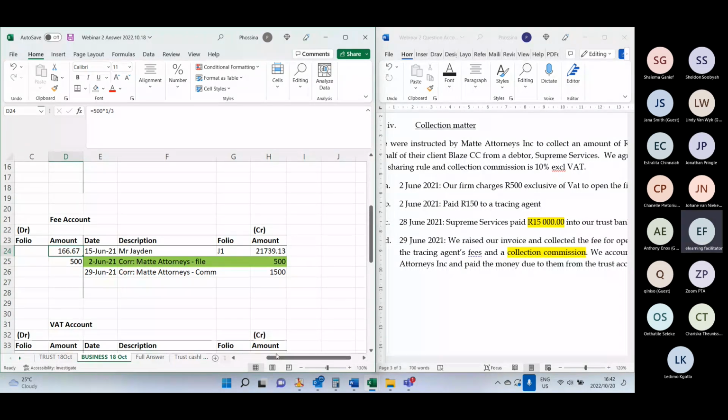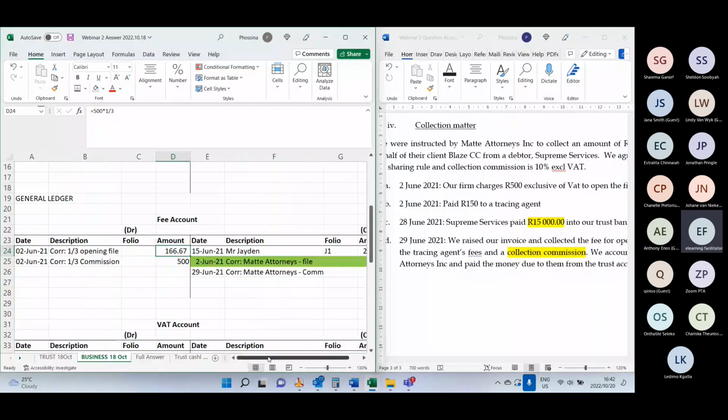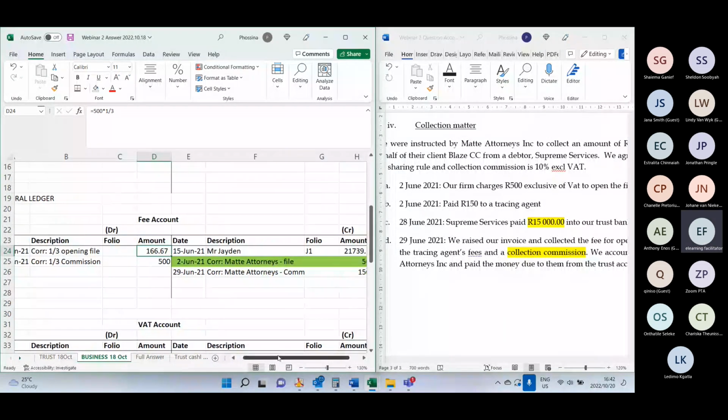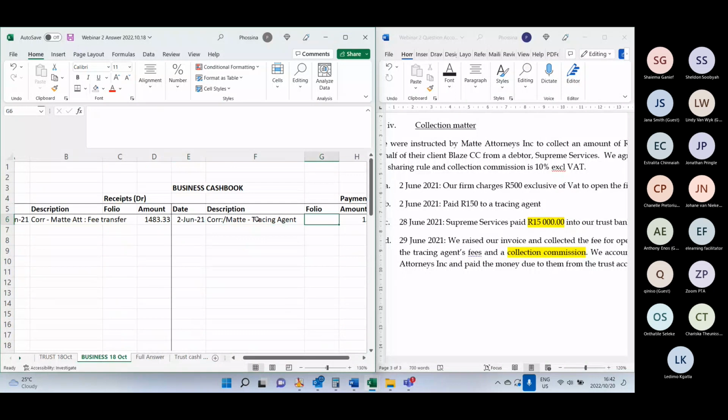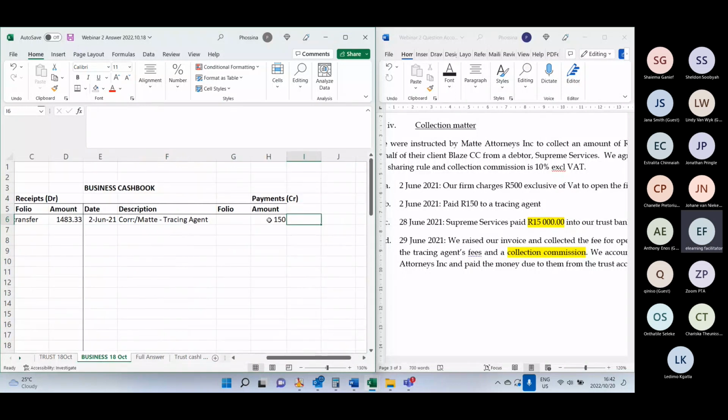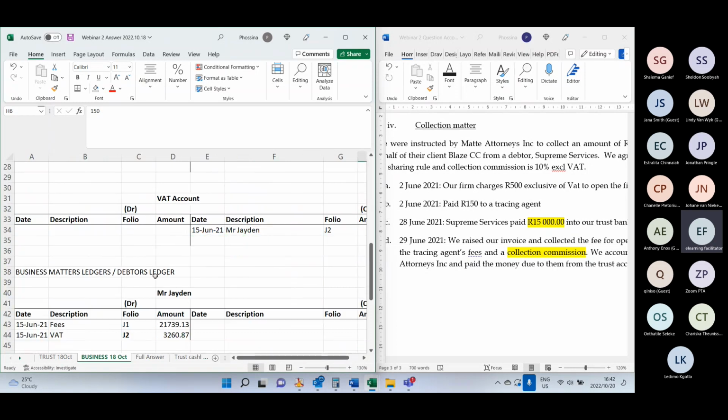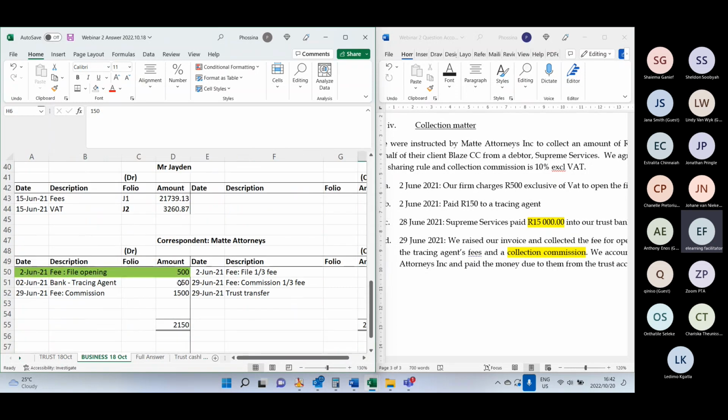Okay, and then our tracing agent, we are paying, it affects the bank, which is here, and also it affects our correspondent. Our correspondent is to pay us back whenever we receive his money. That's why it is also coming to the debtors account or the matter account of the correspondent.